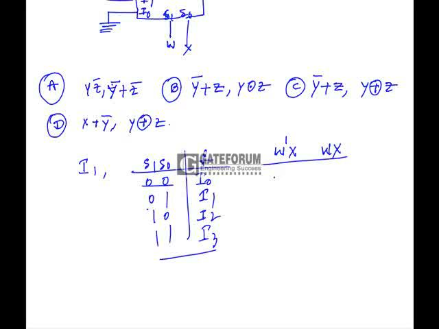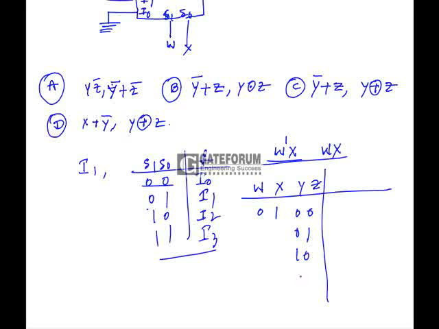That means if you take a truth table with W, X, Y, Z, what are the minterms producing ones in the combinations given? For example, W dash X, that means 0, 1. So YZ can be 0 0, 0 1, 1 0, 1 1.